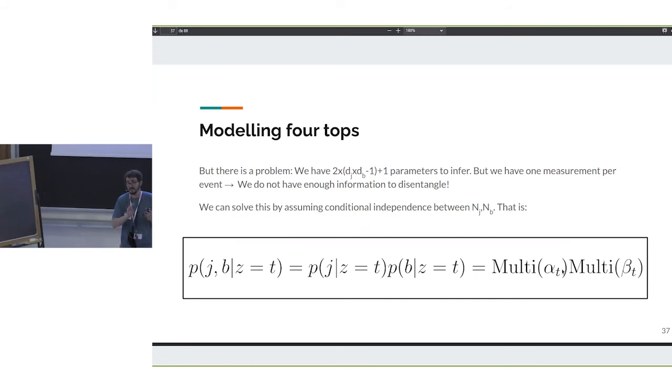If you have dj times dv minus 1, this is the total number of parameters you could fit from the joint distribution. We have less than that. That's the first intuition. Then empirically you can check in your algorithm, by repeating and seeing that you don't have any mode collapse or mode interchange. You can check by looking at the inference procedure whether you are really being meaningful in what you're doing. You have to be meaningful but still be able to recover the joint distribution. So that's the game.